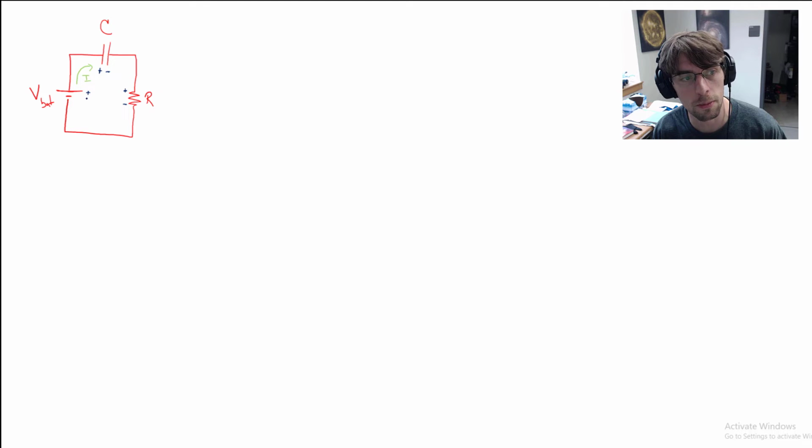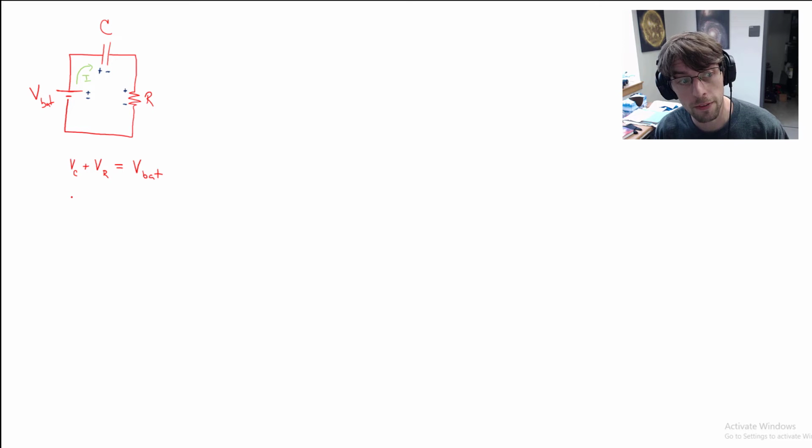That's the battery's job in this circuit. So I've got my highs and lows. So if I start writing down my equation now, I'll say the drop across the capacitor plus the drop across the resistor must be equal to the jump across the battery.